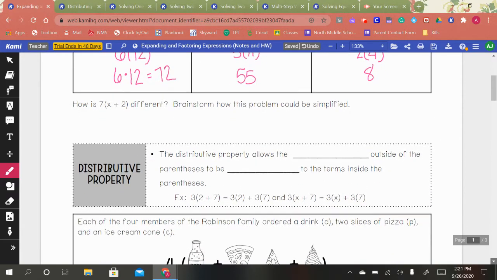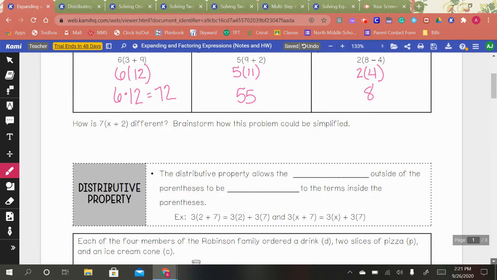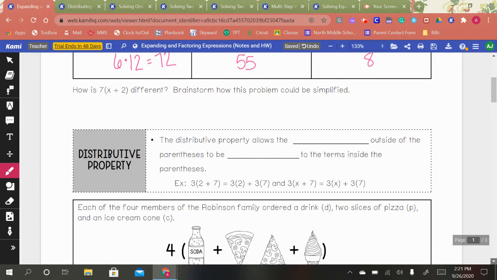All right, how is 7 parentheses x plus 2 different from what we just solved above? Brainstorm how it can be simplified. The only difference that I'm seeing is that 7, and you're multiplying it by x plus 2. So the variable x is replacing a number.